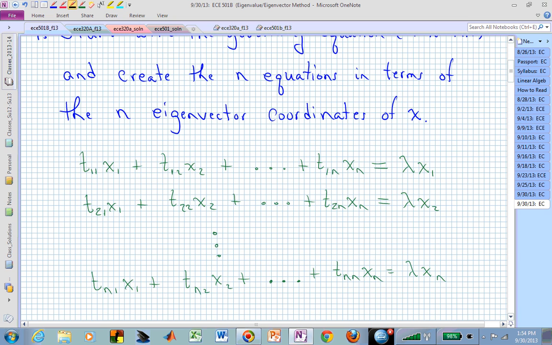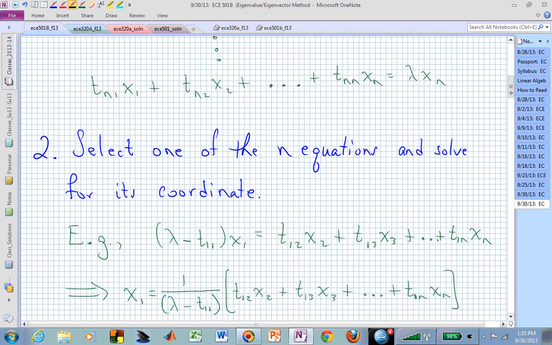Lambda times the first coordinate x1, and you do that for each of these n coordinates of your proposed eigenvector x. So now we have n equations in these n unknowns, x sub 1 through x sub n, where x sub 1 and x sub n are the coordinates of our eigenvector.